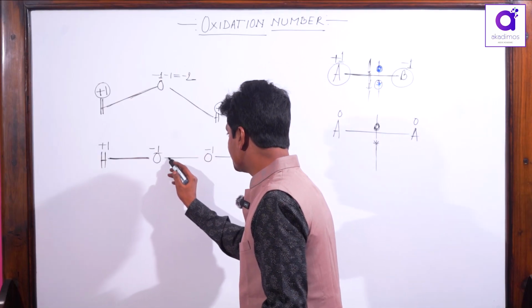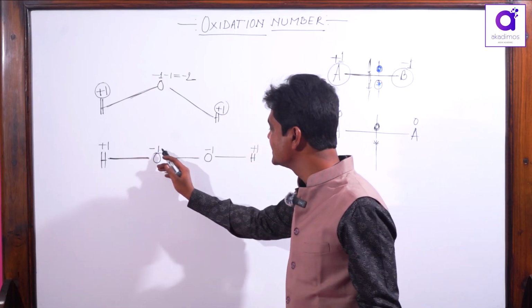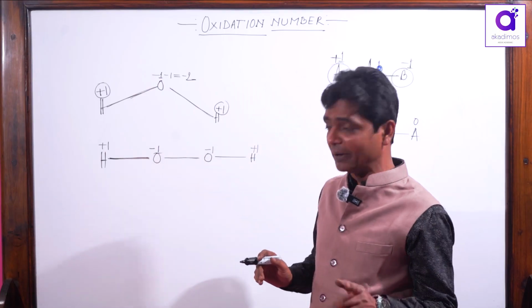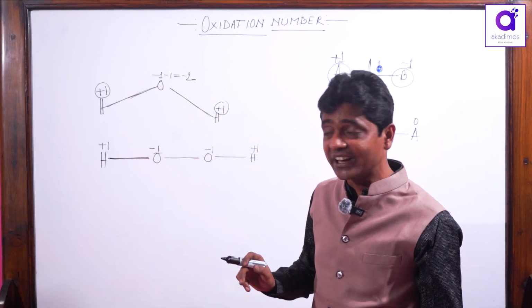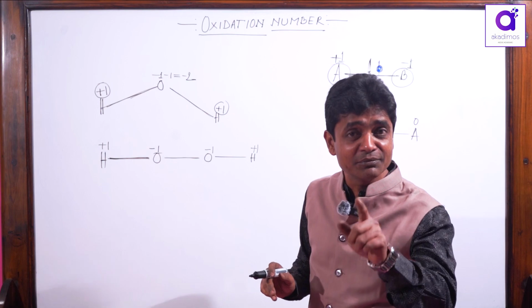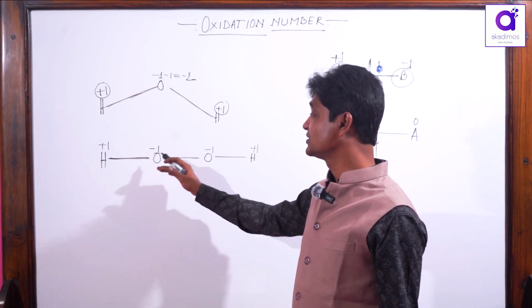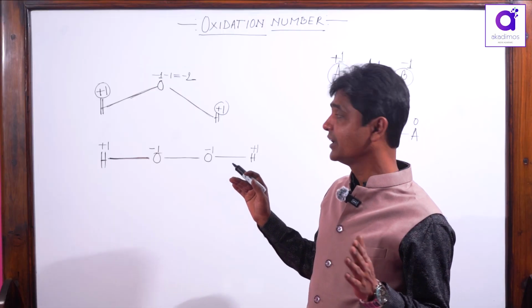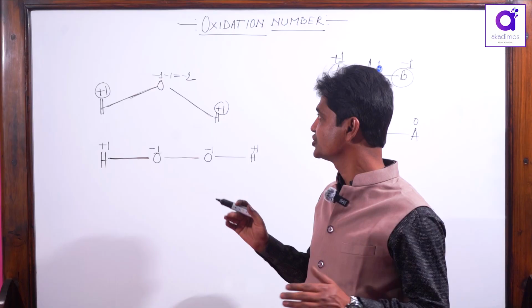And for this bond, since their electronegativities are the same, these are 0, 0. That means the oxidation number of oxygen in peroxide is -1. You don't have to remember it: if you know the structure, you will easily get the oxidation number of different atoms in a molecule. In peroxide, oxygen has oxidation number -1.